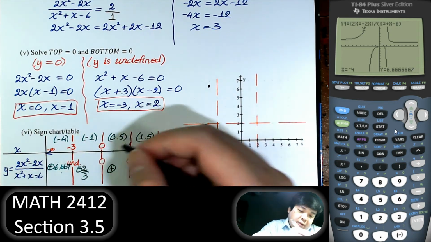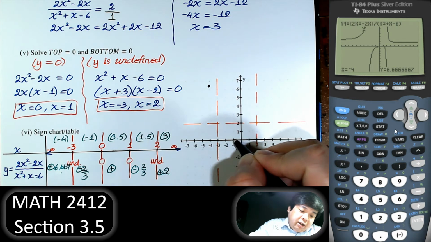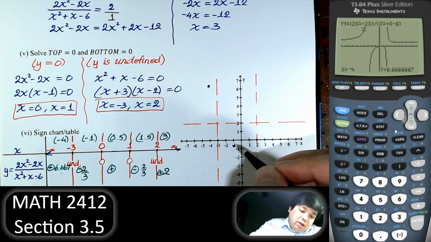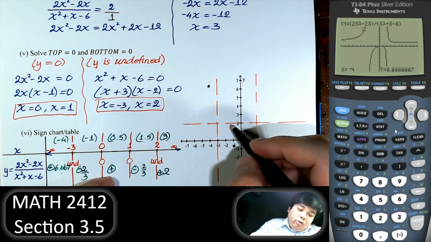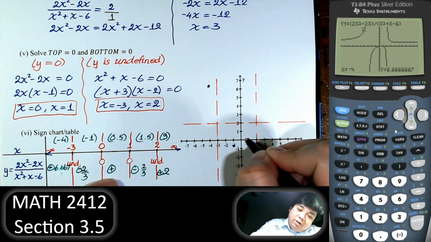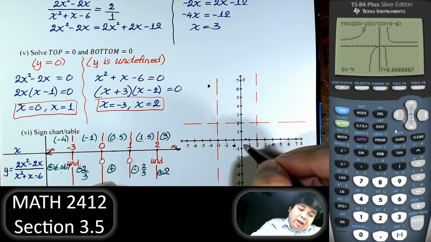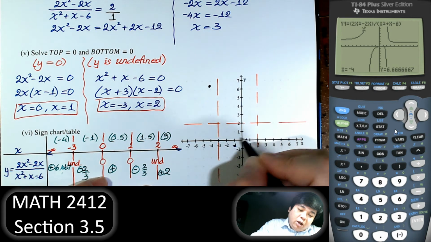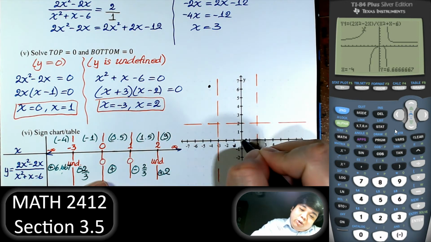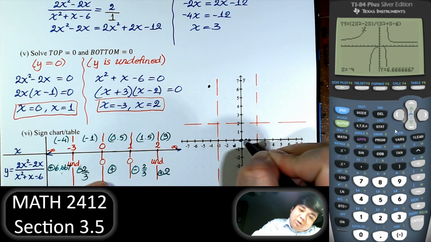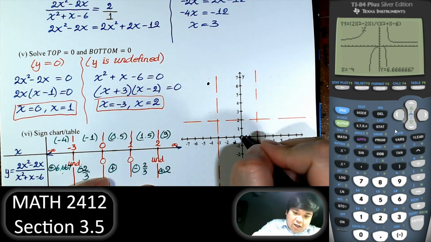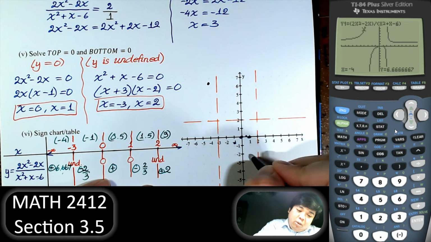-1 is -2/3. 0.5 is very close to 0, and then 1.5. I mean 0 and 1, so we do have 0, 0 here. Those are the intercepts at 0 and 1, and that point 1.5 is here.